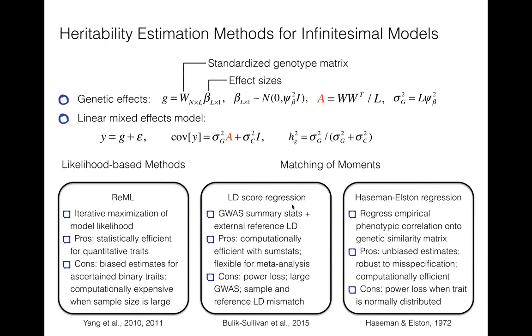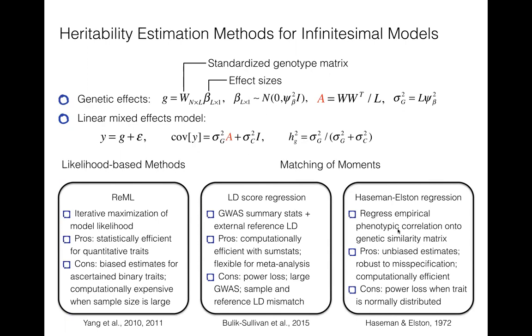So it's highly flexible and particularly useful to combine results across different cohorts without sharing the actual individual-level genotype data. But if we do have access to the individual genotype, then we can also use Haseman-Elston regression, which essentially regresses the empirical phenotypic correlation onto the genetic similarity to produce a heritability estimate.